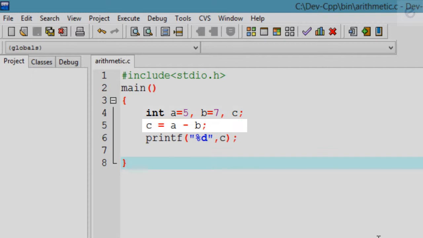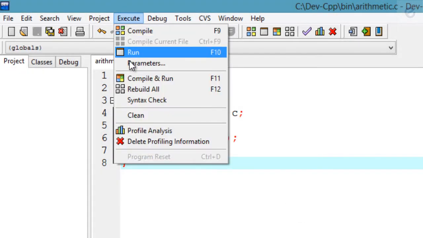In the next line we have written that c equals a minus b. Obviously we all know that the result would be minus 2 by simple maths, and in the next line we have printed the value of c using the %d, since it is the integer.